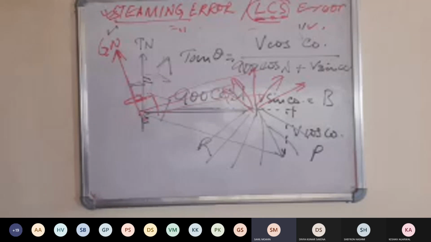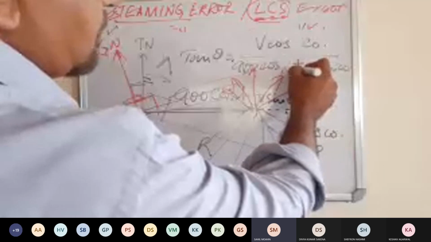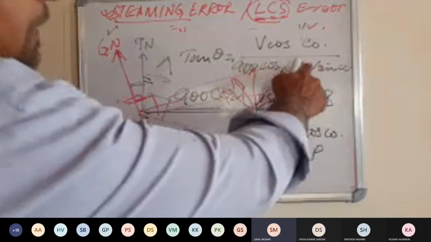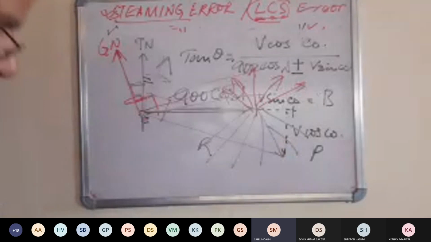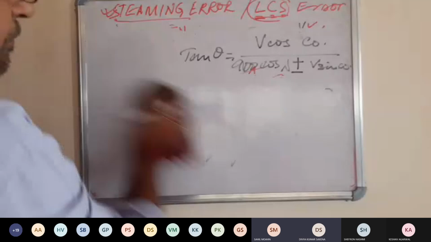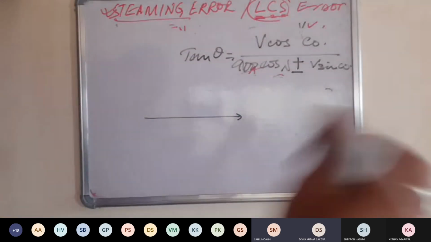Yes. Okay. One more thing, the sign here should be plus or minus. Sometimes it is plus, sometimes it is minus. Now why is that? Sir, if we are going eastwards, then it will be plus, and if we are going westward, it will be minus.